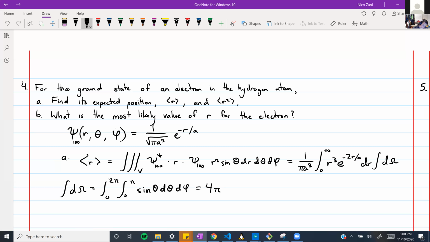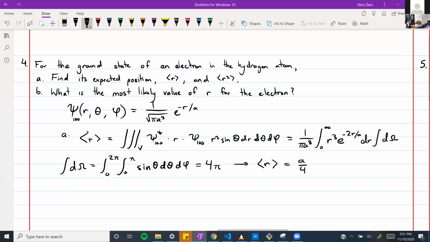And from there, we should get that the expected value of r is equal to a over 4. Similarly, you can take the expected value of r squared, and you will get a squared over 8.